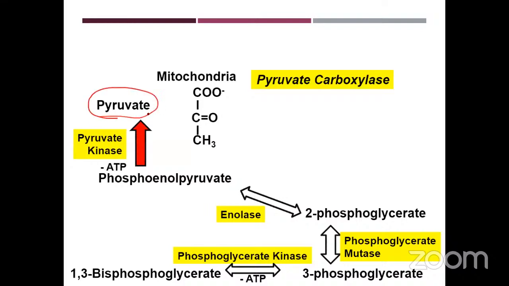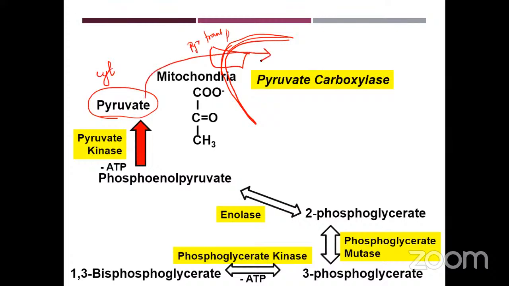Next, the fate of pyruvate. Glycolysis up to this reaction happens within the cytoplasm, and the mitochondrial membrane has pyruvate transporters, so pyruvate can easily enter from the cytoplasm into the mitochondria.